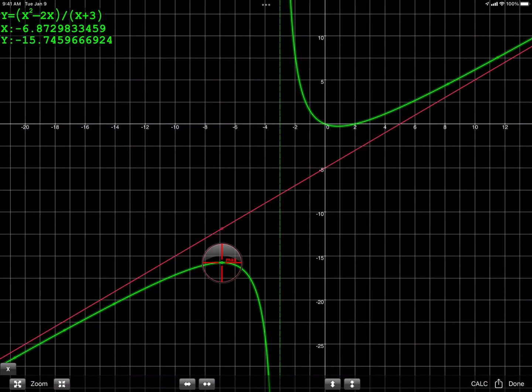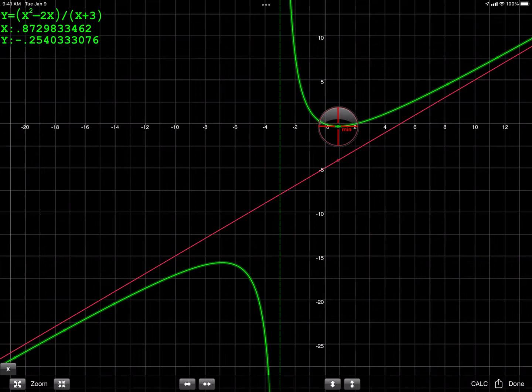Now, if we do the same thing for the other curve up here at the top, if I'm traveling along this curve, I see that it will snap to the minimum right there. That's where the minimum is, and the x-coordinate is 0.87, and the y-coordinate is negative 0.25.